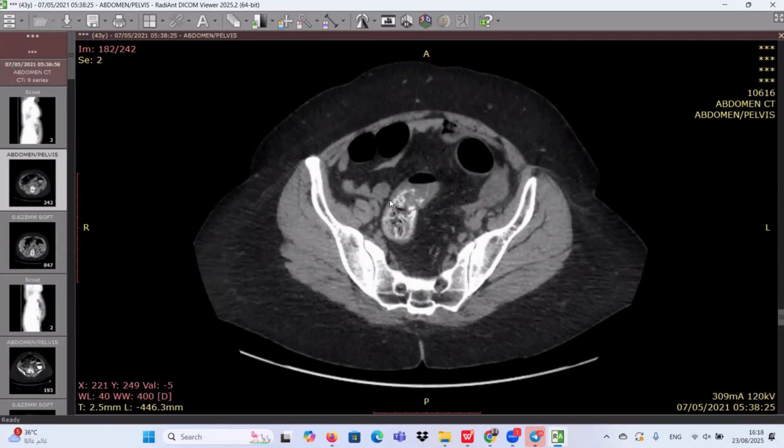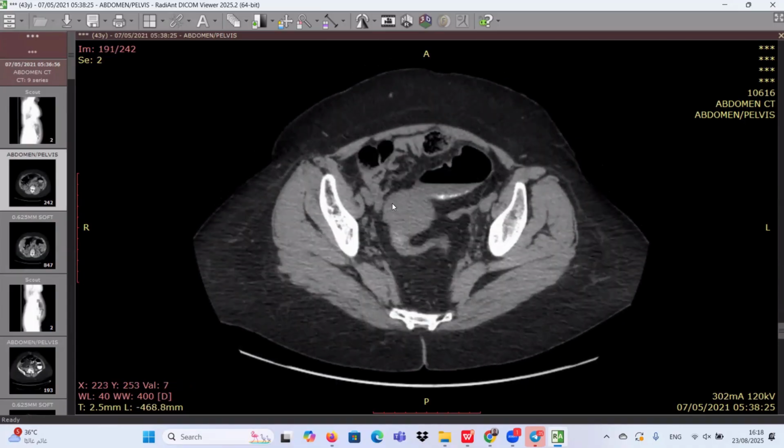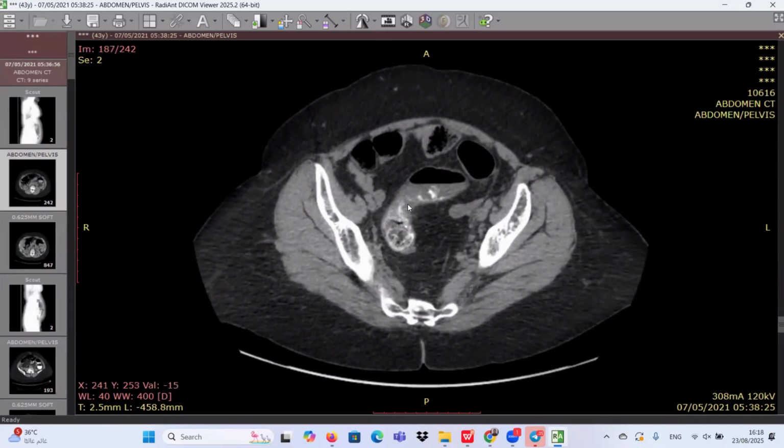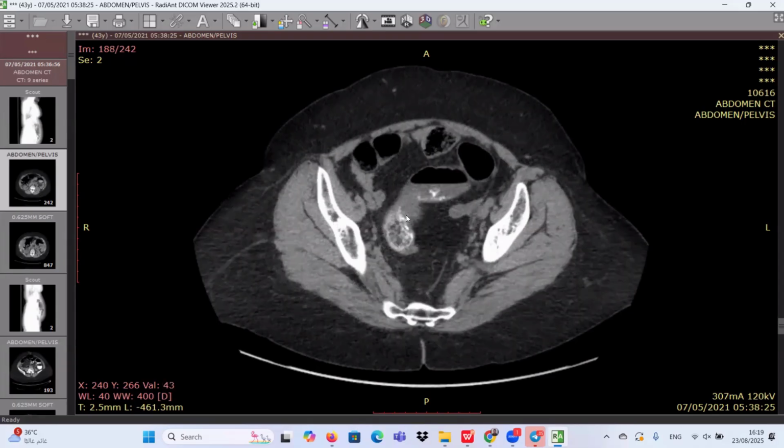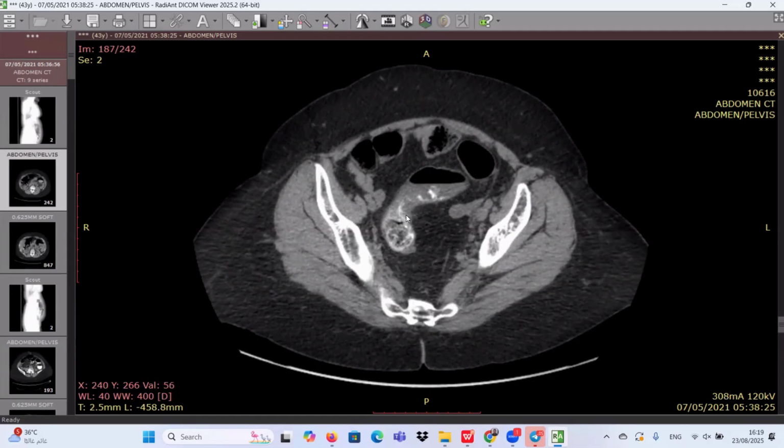Sir, so the only transition point I could see was in this region, where there is significant caliber change, and then I have a suspicion of circumferential mural thickening. No pericolic stranding is noted, and I cannot appreciate any lymph nodes. So, sir, in my routine practice, I'll measure the diameter of the transverse colon and cecum, and I'll refer the patient to surgical oncology. First of all, I will advise a post-contrast scan for the evaluation and delineation of this area.